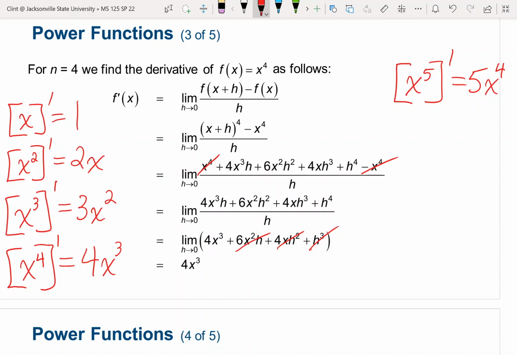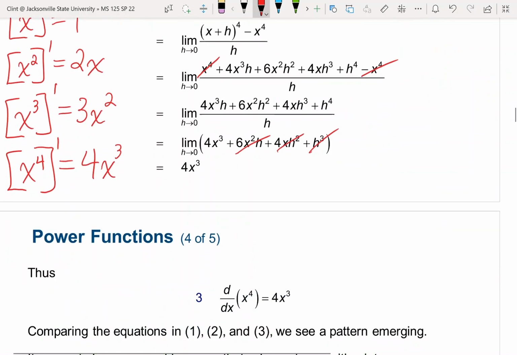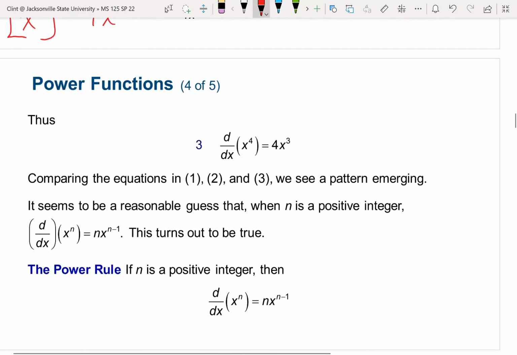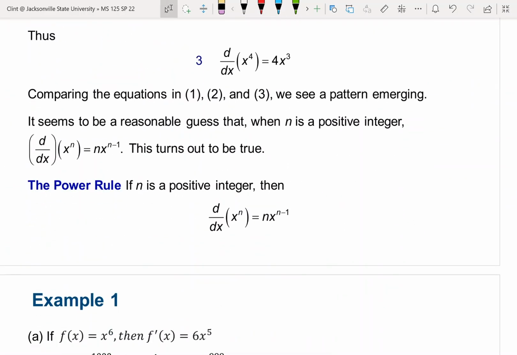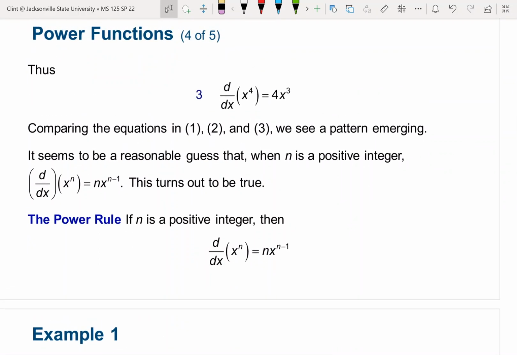And the idea is there's a pattern here. And the pattern is what we call the power rule. Okay. So here's our power rule. Is we want to take the derivative of x to some power.